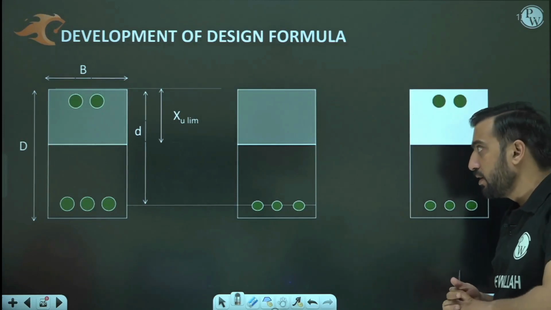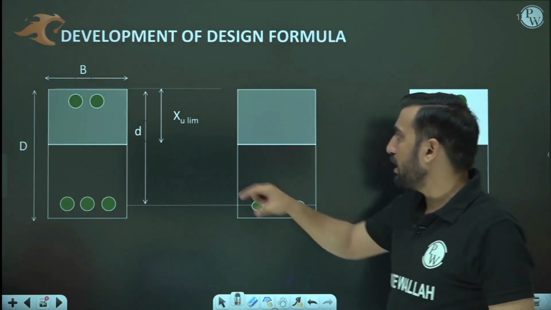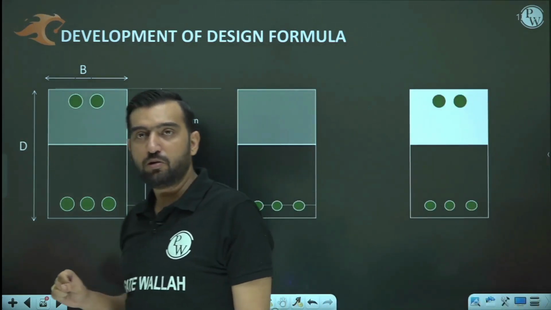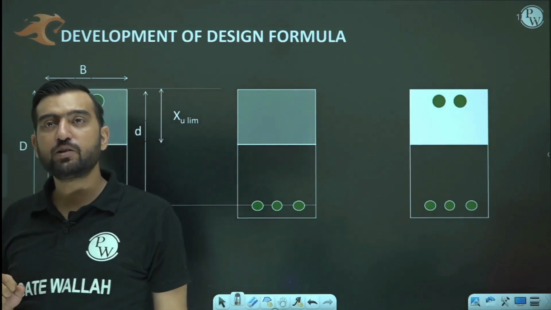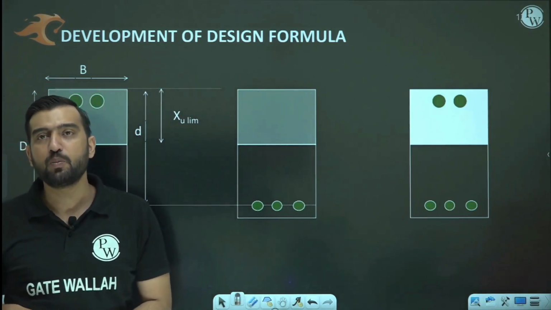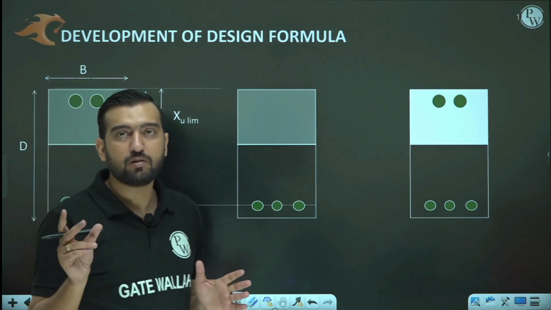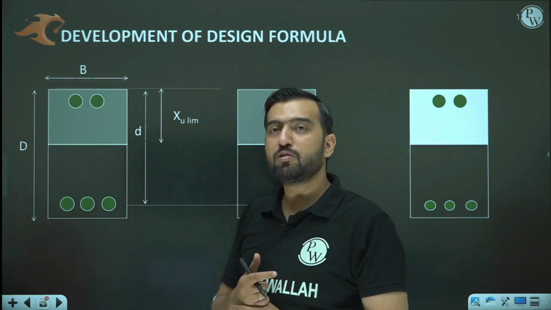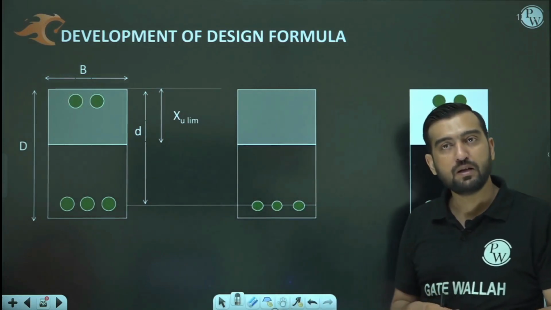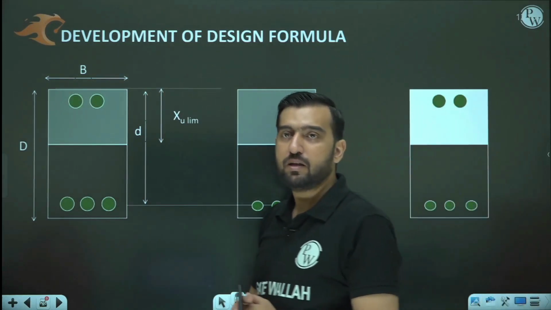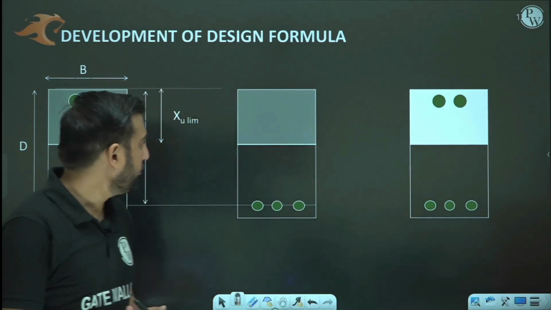Here the total compressive zone, as I told you earlier, is divided into parts. Not in fact two parts, even three parts. One, entire concrete. Second, absence of concrete at the location of compressive reinforcement. Third, presence of steel.